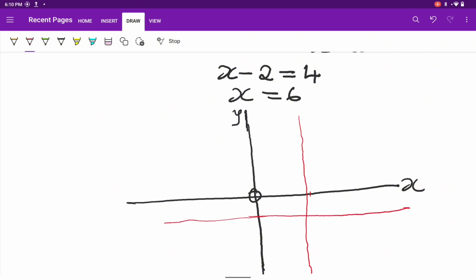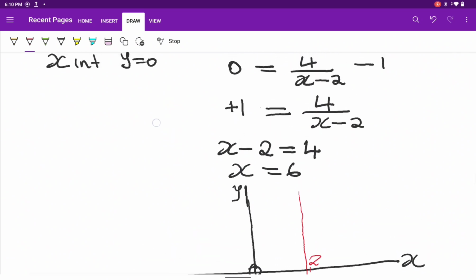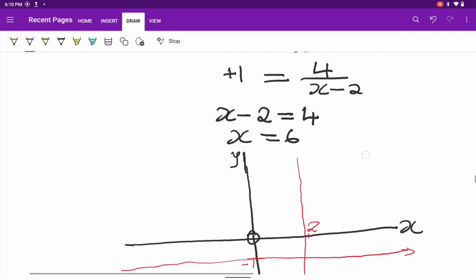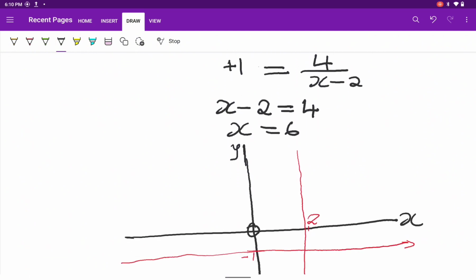So these are our asymptotes, at x is 2 and at y is -1, the vertical and the horizontal asymptotes. Right, now we are ready to draw our graph. So the intercepts: the y-intercept is at -3, the x-intercept is 6. So x is positive 6.